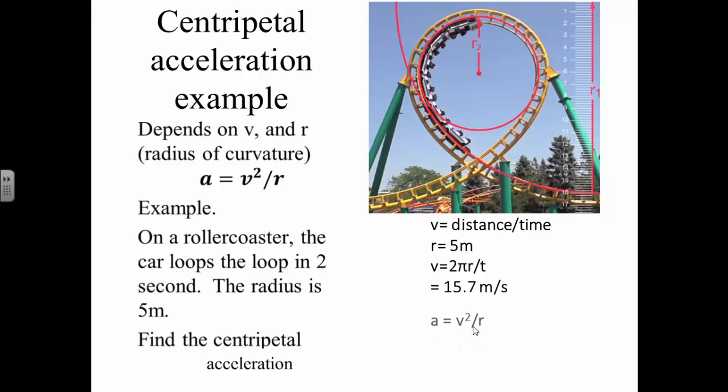Secondly, the acceleration is v squared over r, and r is equal to 5 meters. So it's 15.7 squared divided by 5, which gives us an acceleration of 49 meters per second squared, which is roughly 5g. And that's why circular motion is acceleration.